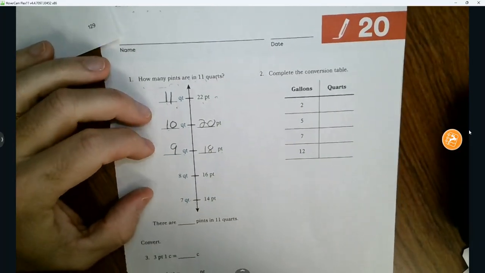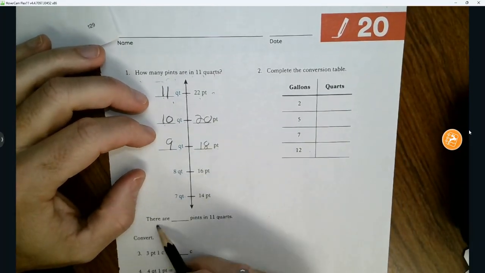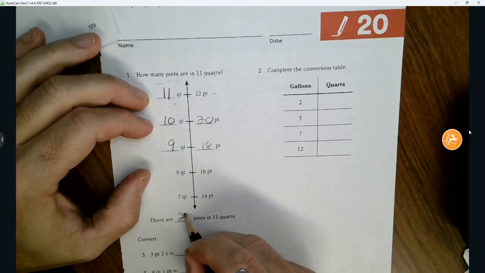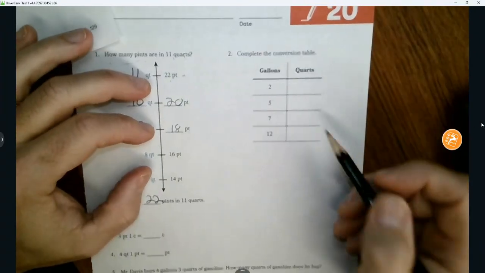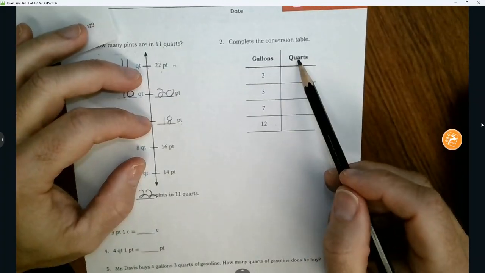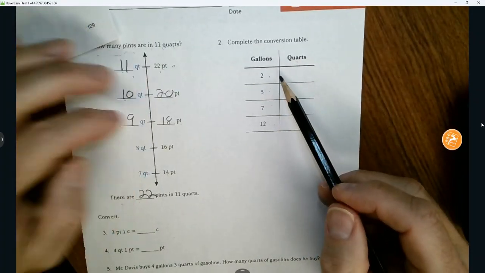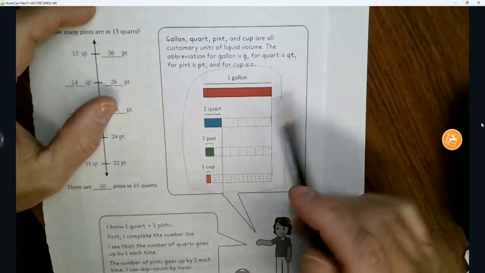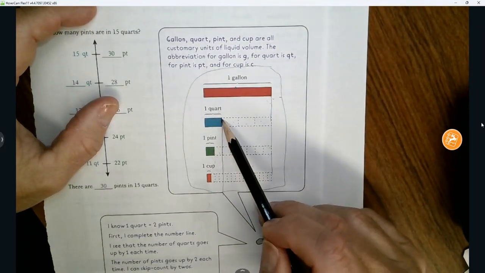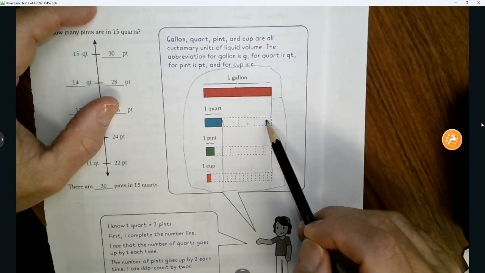All right, so 11 quarts is 22 pints. Now, gallons to quarts. We got 2, 5, 6. So gallons, quarts. Pull the paper back out. Gallon, quart. 1, 2, 3, 4. 4 quarts gets you 1 gallon.